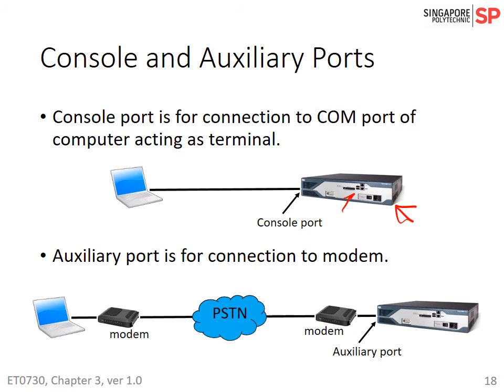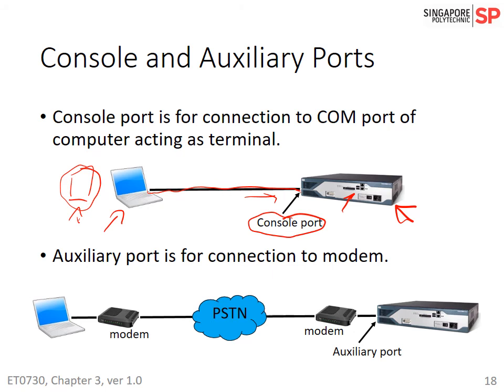So what you need is to bring your own laptop, run some program on this laptop, such that when you connect to this router, the program that you run allows you to configure the router. You connect to the console port so that this program can run commands to the console port to configure the router. So that's the use of a console port.